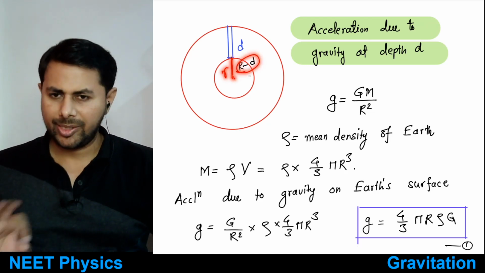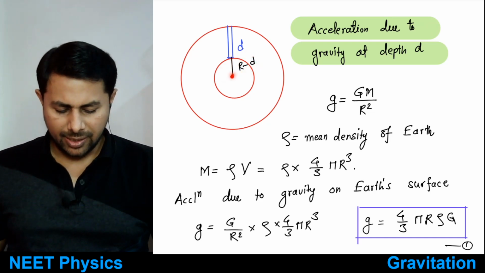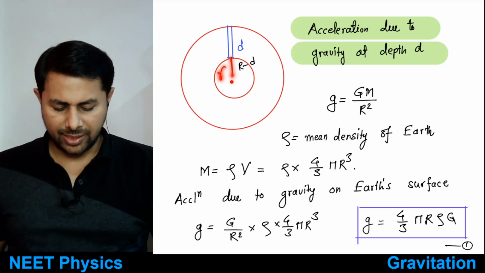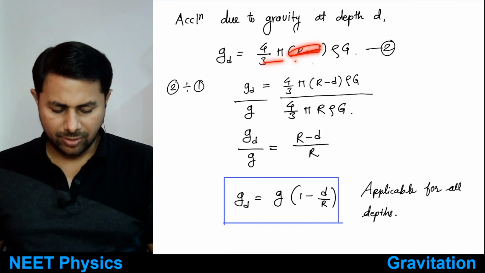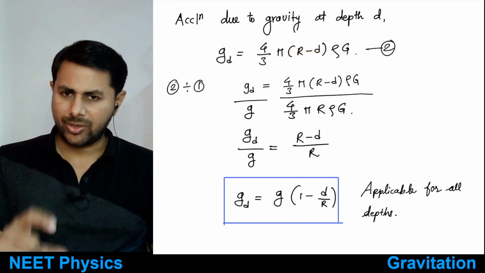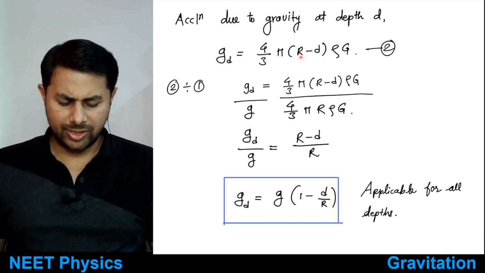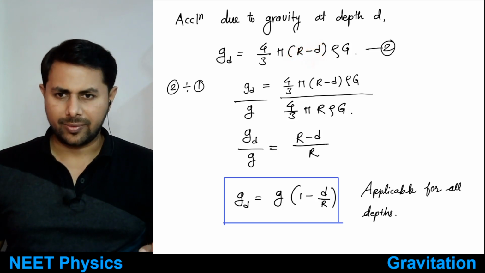And this r is just equal to r minus d. So g at distance r from the center can be written as 4 by 3 pi, and in place of r minus d you will have small r, which is the distance of that point from the center of earth.